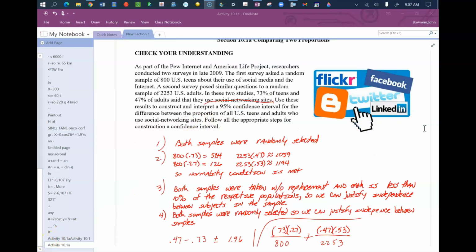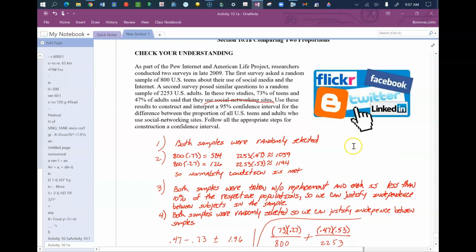Okay, we checked both samples were randomly selected. They were. We checked normality of both sampling distributions: n1 times p1 hat, n1 times 1 minus p1 hat, and n2 times p2 hat, and n2 times 1 minus p2 hat. All of them are at least 10, so both sampling distributions of sample proportions are approximately normal.